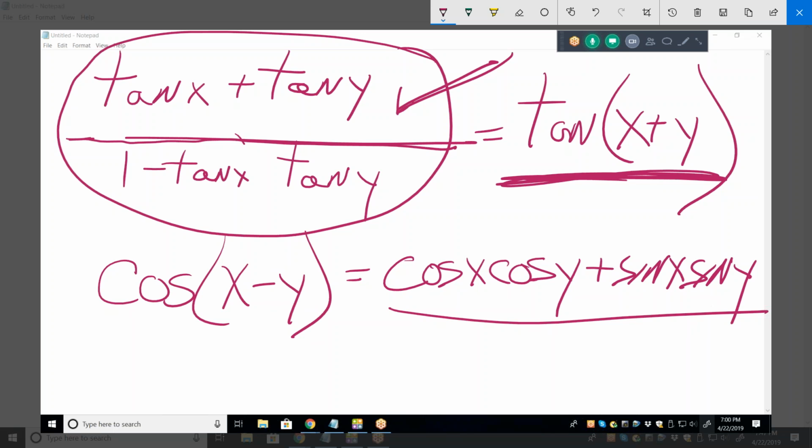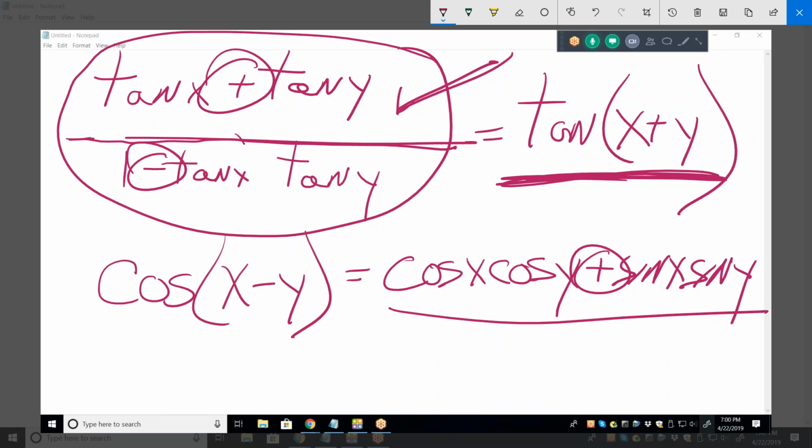And incidentally, one way to memorize this tangent identity that I got wrong yesterday is remember that tangent is sine over cosine, right? Right. Well, the sine is the same in that identity. And it's sine over cosine, and in cosine, it's the opposite. So you can always remember your tangent identity that way.